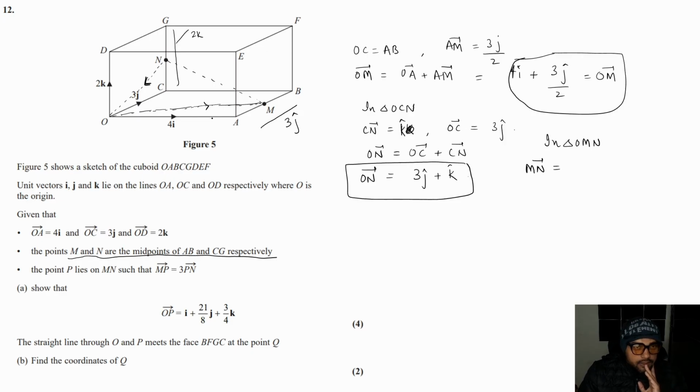Now we need to calculate the value of MN vector. We have got the value of ON vector and OM vector. So what will be the value of MN vector? MN vector will be equal to ON vector negative of OM vector.